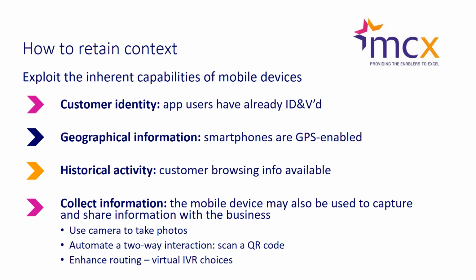And the other thing is that the mobile device, when a contact center agent is speaking to the customer, gives the customer the ability to utilize the device to provide some really interesting information. So they can use the cameras to take photos if it's about a fault and it needs a physical repair. They can automate a two-way interaction.